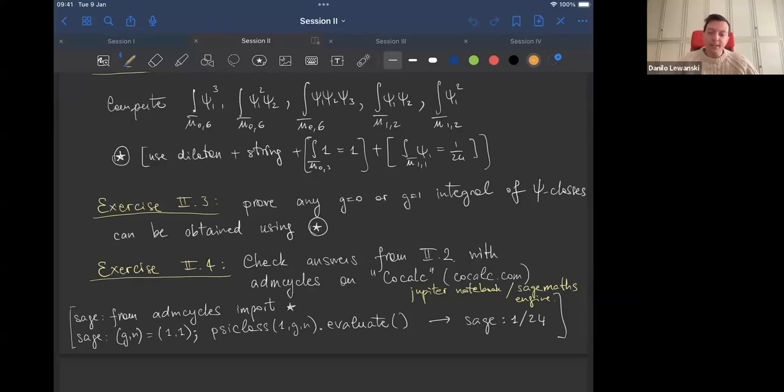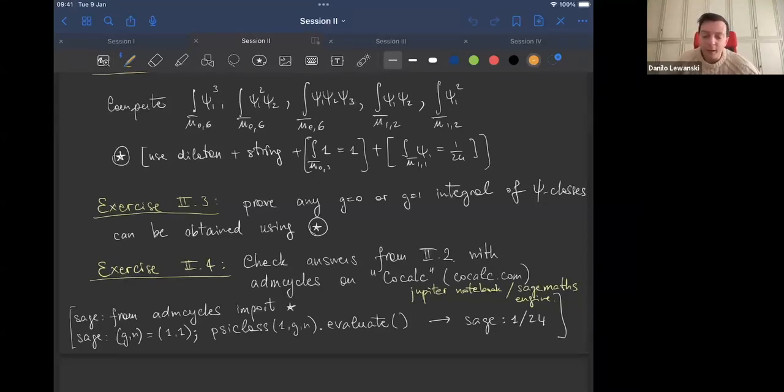And then I would just recommend to check your answer with the software I talked about yesterday. You can go on any electronic sheet of calculus that you prefer. You can use, for example, CoCalc, on the cocalc.com website, because it's completely free.